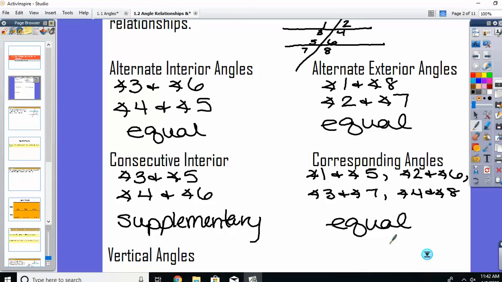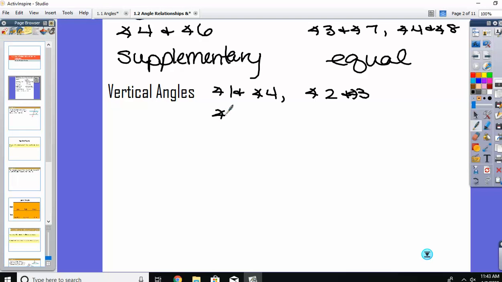What are vertical angles? Think about when you have an X, they're across from each other. So my vertical angles would be 1 and 4, 2 and 3, 5 and 8, 6 and 7.